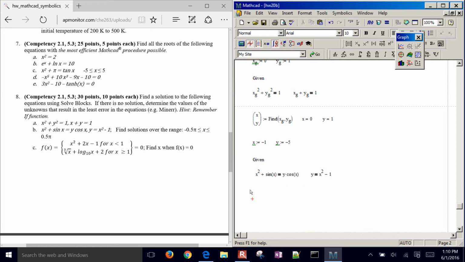And then if I do another vector here, a 2 by 1, and I set that equal to, okay, now in this case, if I do a find, and I do x comma y, oops, I did a 2 by 1 there. I want x and y that are returned. It is x equals -1 and y equals -5. I'll do a solution here.